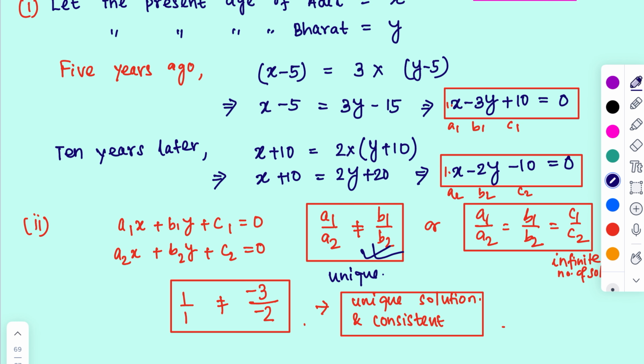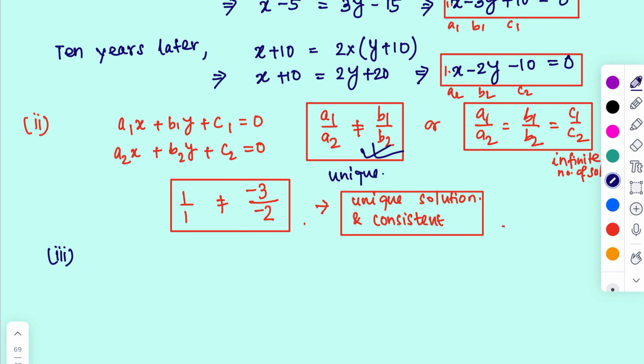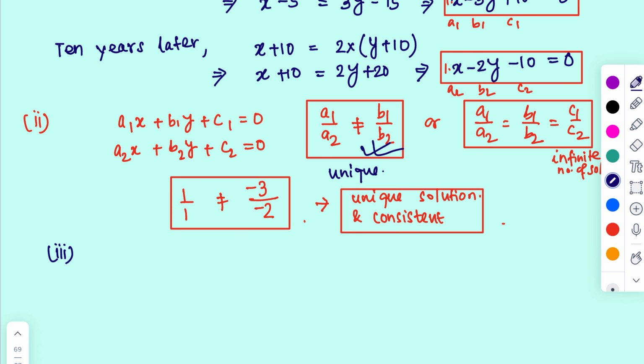Now for the third part, we have to solve the pair of linear equations. Find the present ages of Adil and Bharat. That means we have to find out x and y. Two equations are given. Either we will follow the substitution method or we will follow the elimination method. Suppose we will go for elimination method.